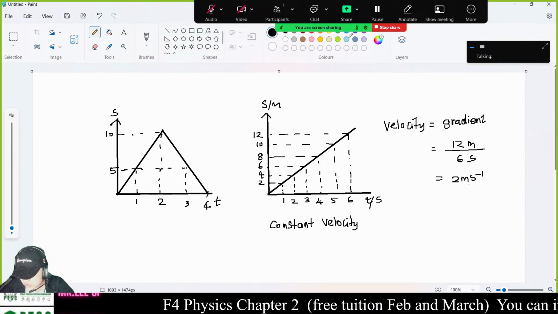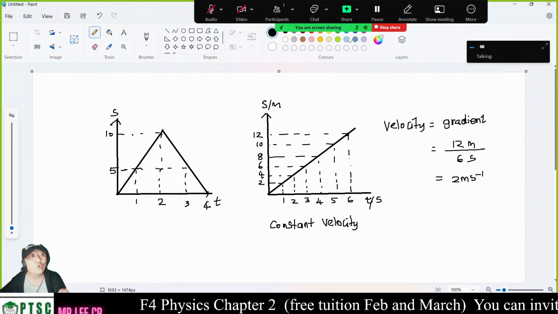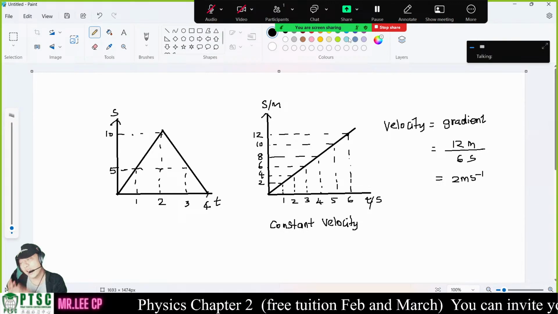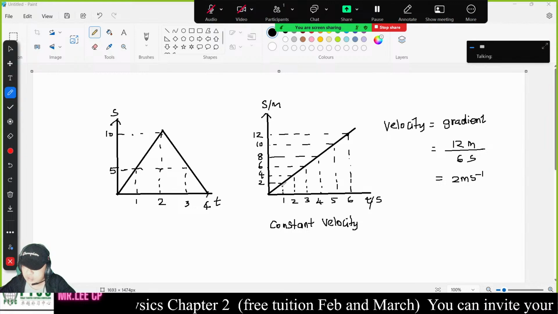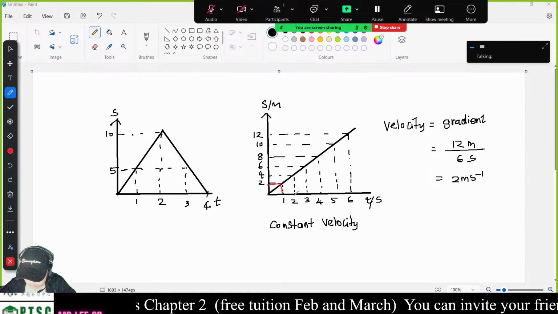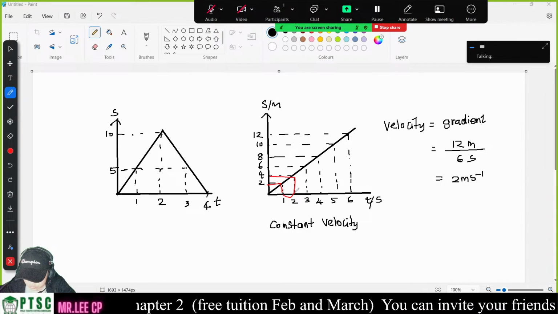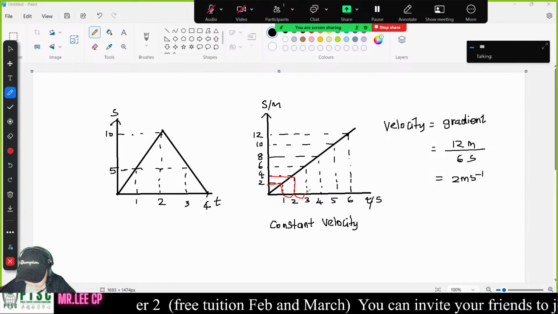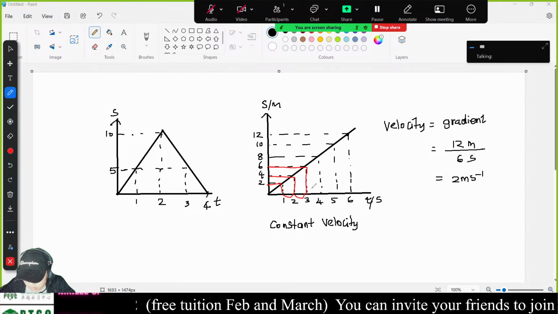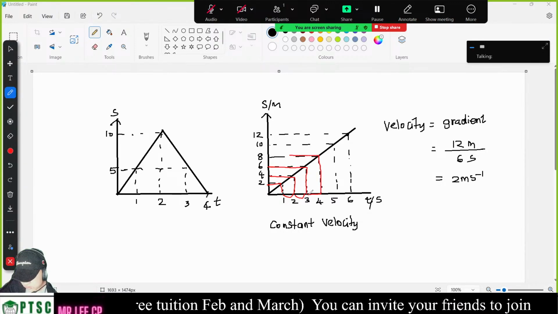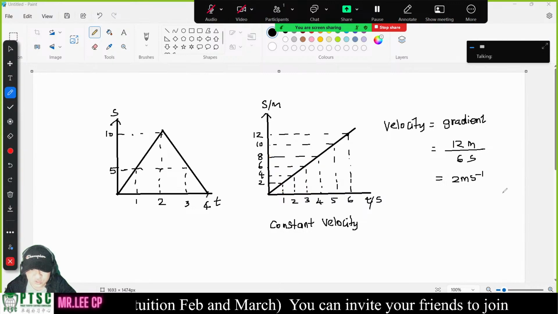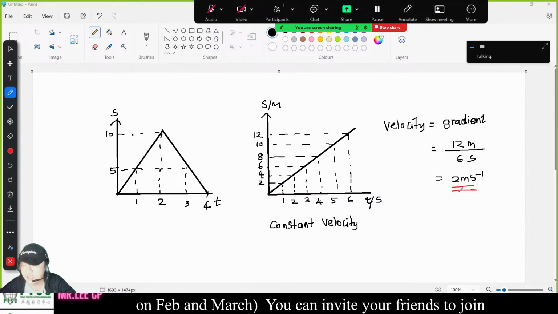What is 2 meter per second? It means every second you move 2 meter. One second you move 2 meter, another second you move 2 more meter, become 4. Another second you move 2 more, become 6. Another second you move 2 more, become 8. 2, 4, 6, 8, 10. This is called constant velocity.